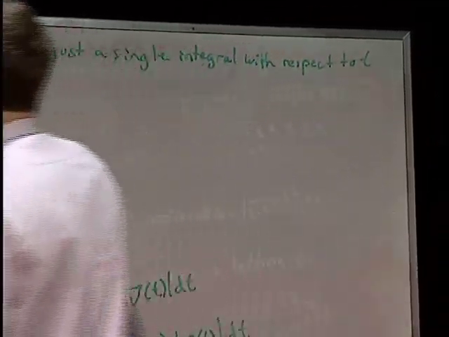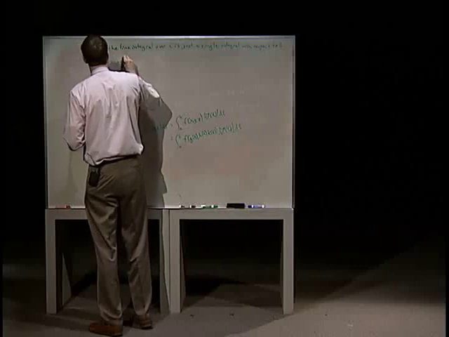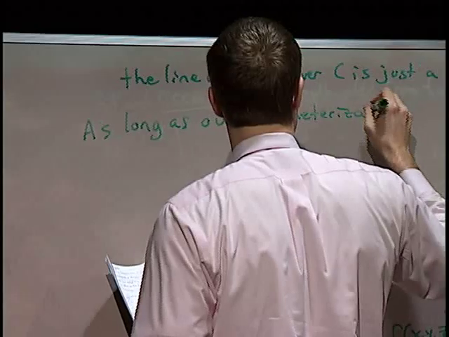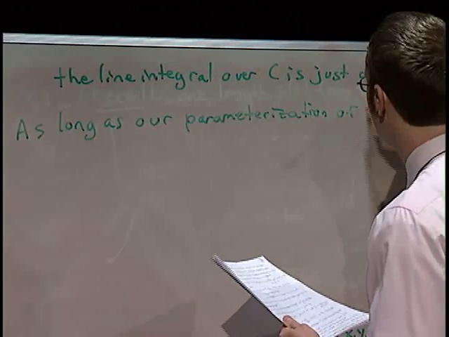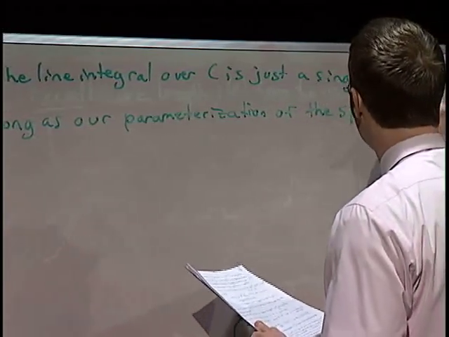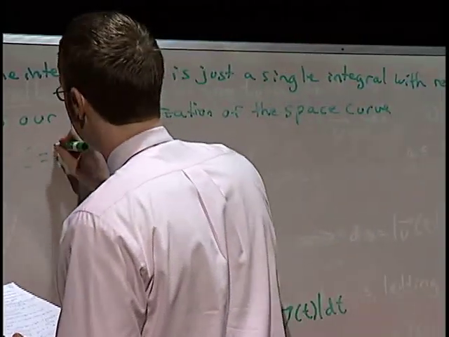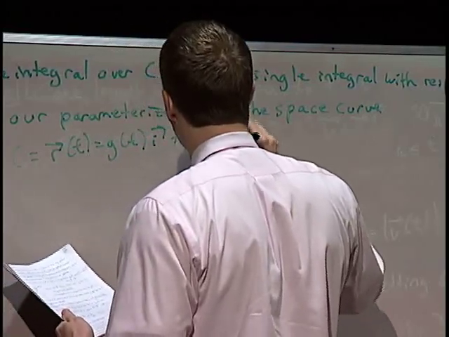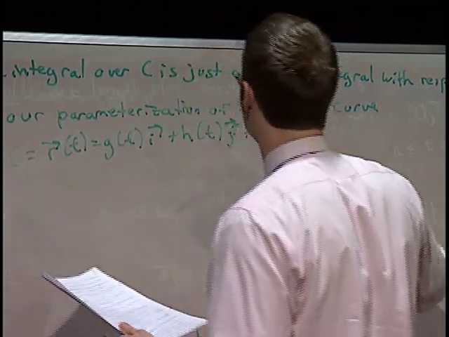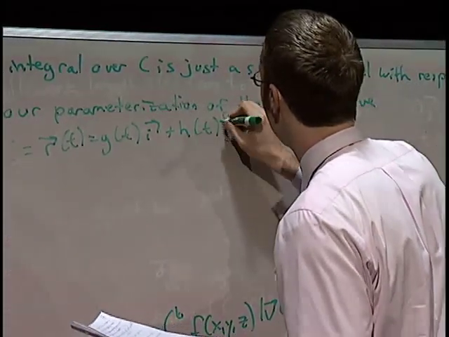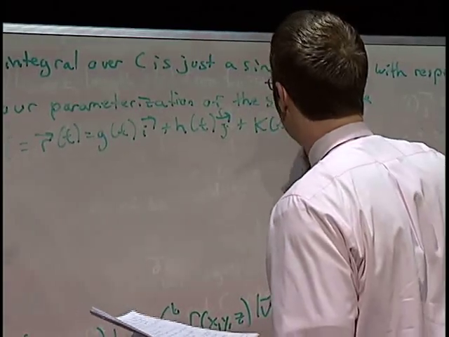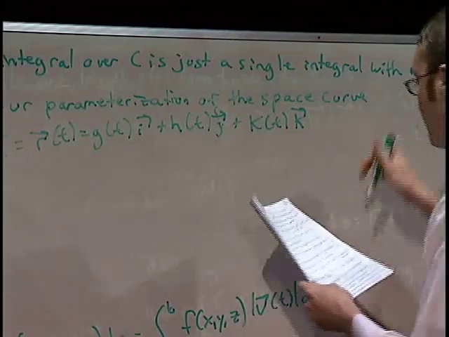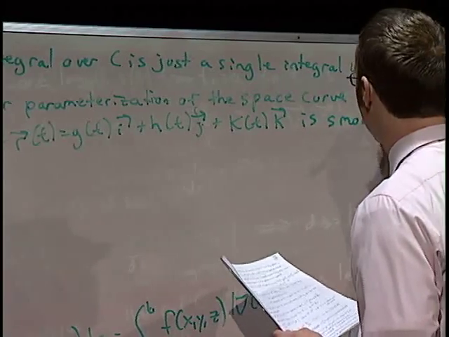And furthermore, because we used arc length, as long as we have the curve C, as long as our parameterization of the space curve C equals r of t, g(t) i plus h(t) j plus k(t) k, is smooth, right?